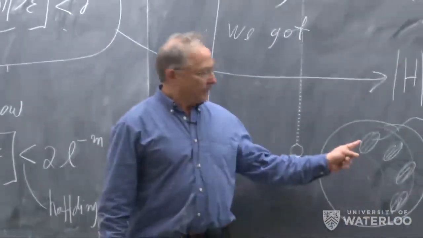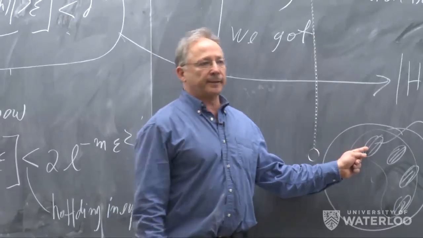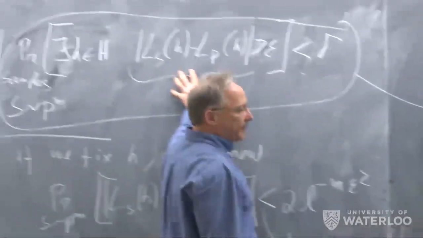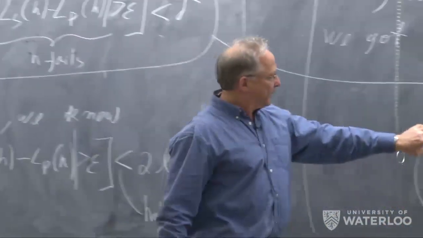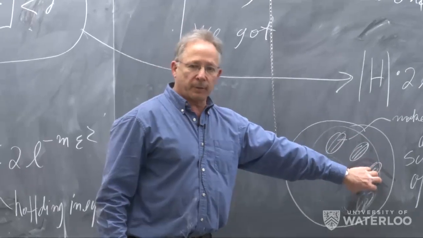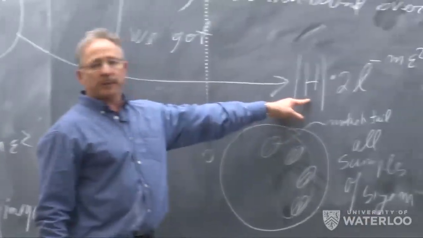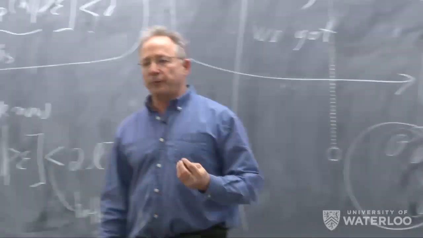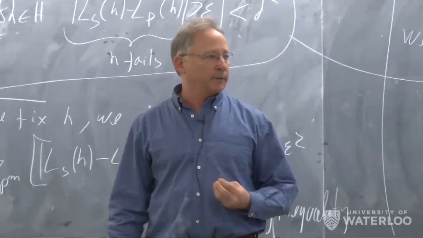The probability that a specific H fails is very small. But if I want to bound the probability that there exists a bad one, I have to sum the probability that one of them will fail, plus the probability that another one will fail, plus the probability that another one will fail. So I get this multiplicative factor here, the size of H. That was the proof that every finite H is learnable.